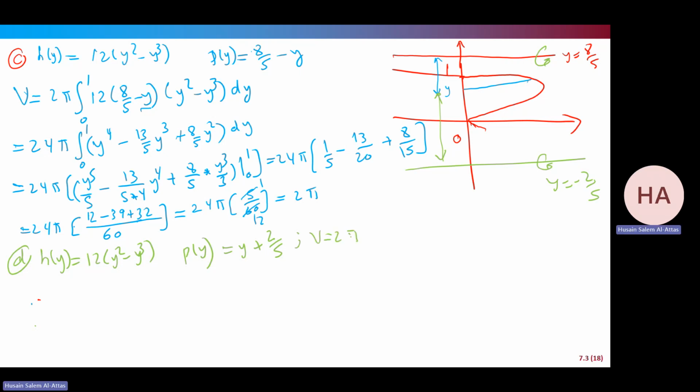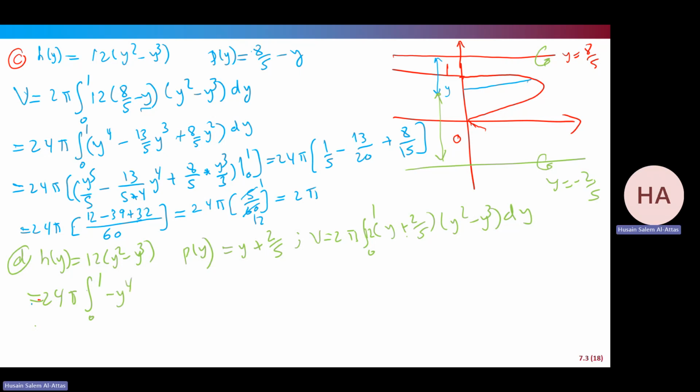will be 2π times, I need a space, the integral from 0 to 1 of y plus 2 over 5. Don't forget the 12. Yes. Times y squared minus y cubed dy. That gives me 24π times the integral of what? 12 times 2, I make it 24π. Minus y to the power 4.